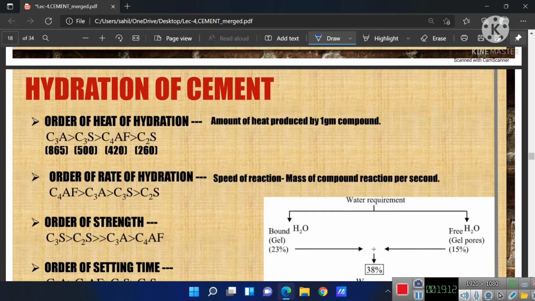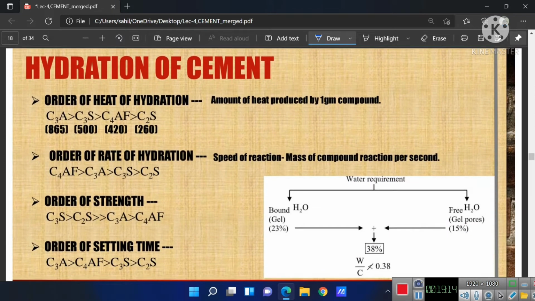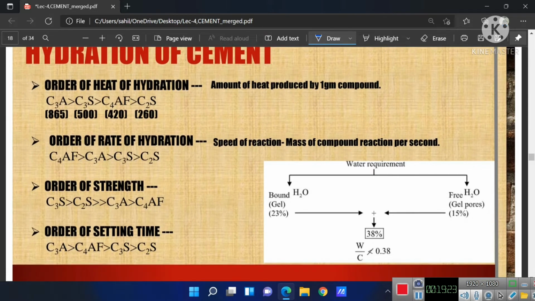Here is the order of heat of hydration of the different bulk compounds. C3A has the greatest value, that is 865.